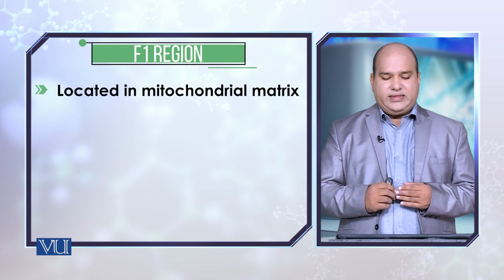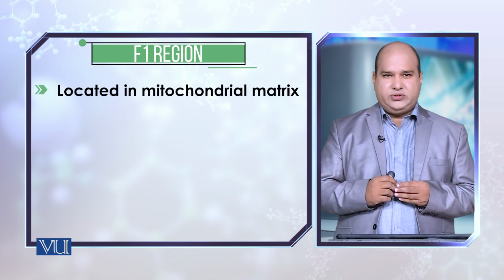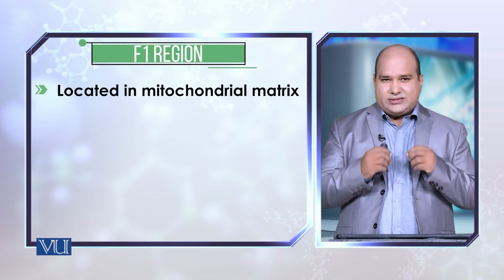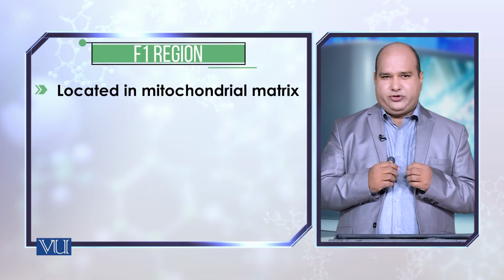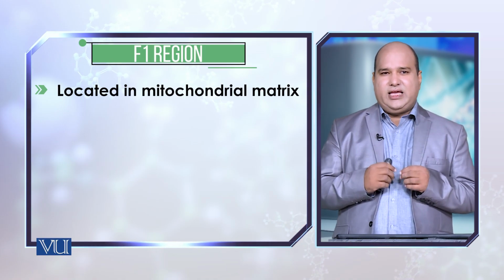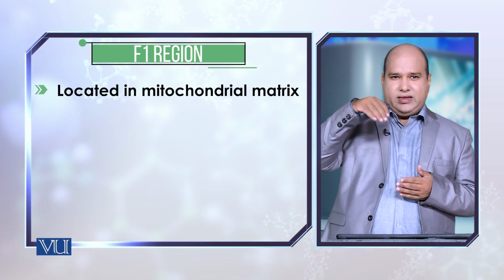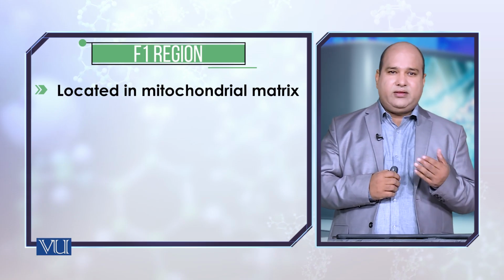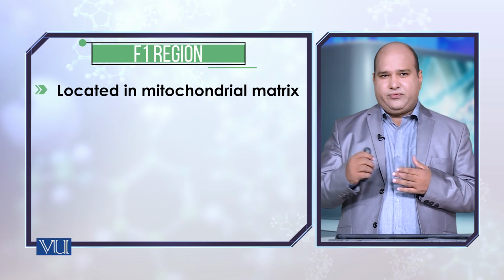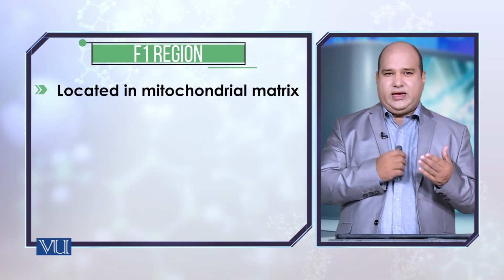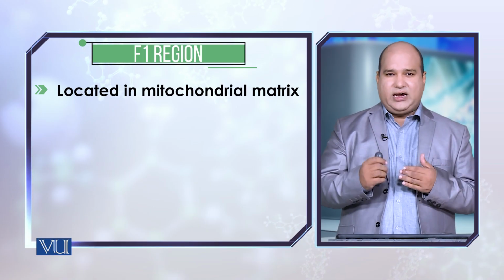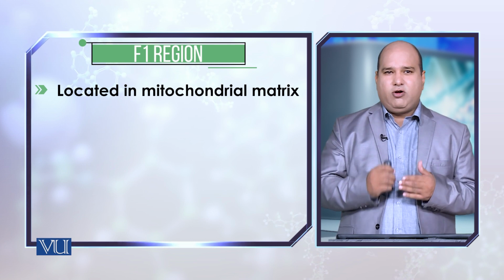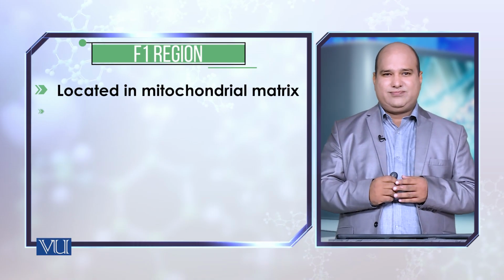Keep in mind that the F1 subunit, the catalytic subunit, is located in the matrix of the mitochondria, while the F0 is embedded in the inner mitochondrial membrane, the same membrane in which the other parts of this whole process of ATP synthesis are present, for instance the complexes of the electron transport chain.